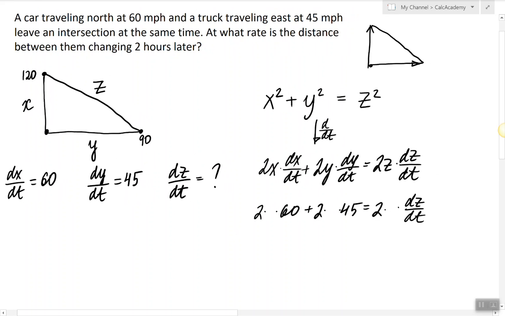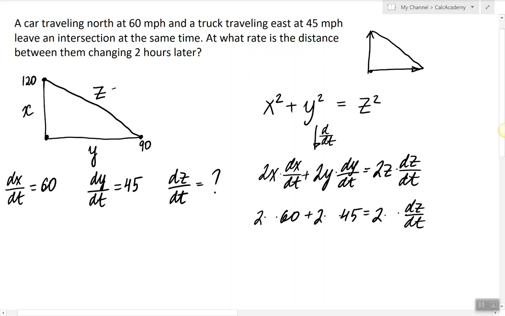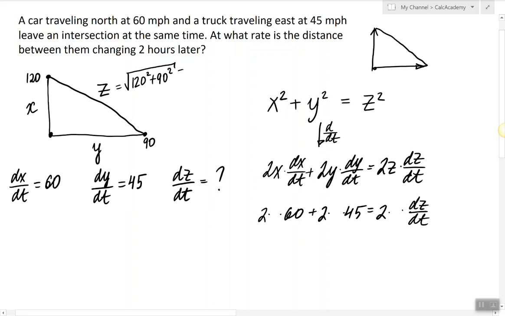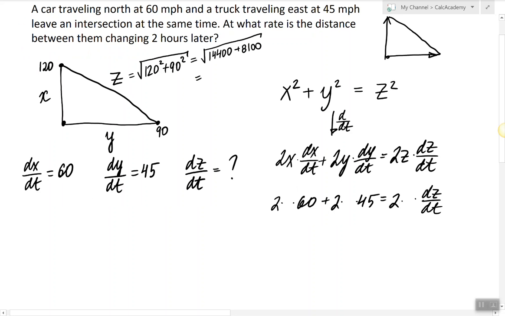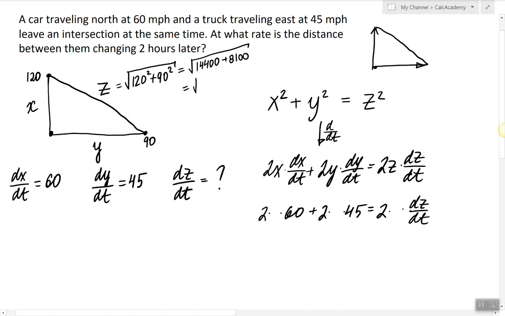And to find z after 2 hours, we can just use the Pythagorean theorem, and z will be equal to the square root of 120 squared plus 90 squared. And that we can try and compute. 12 squared is 144, 9 squared is 81. So finding the distance between them 2 hours later is as simple as computing this expression.